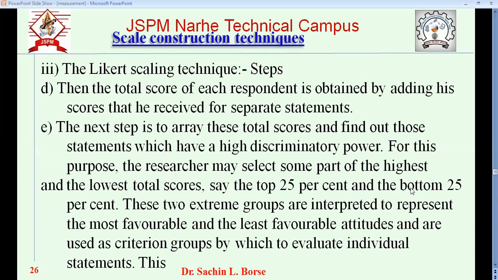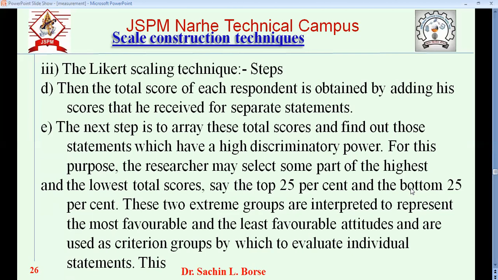Now, what we do is array the total scores and find out the statements which have higher discriminative power. For this purpose, the researcher may select some part of the highest and lowest scores, say the top 25% and bottom 25%.